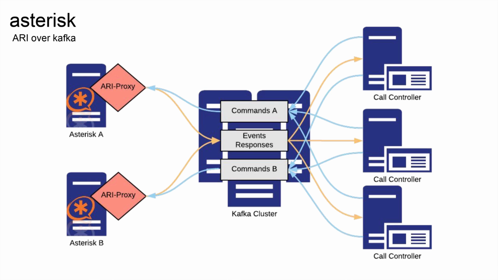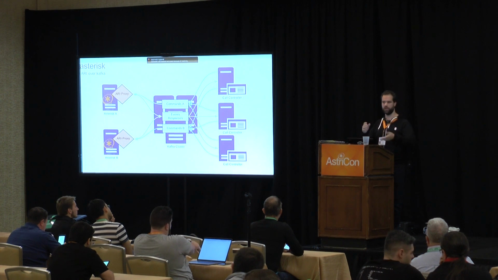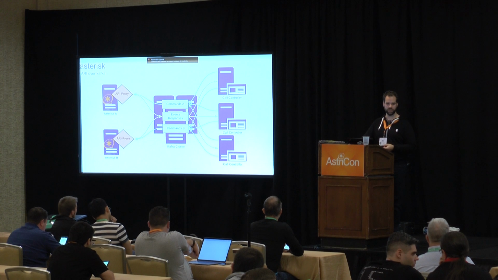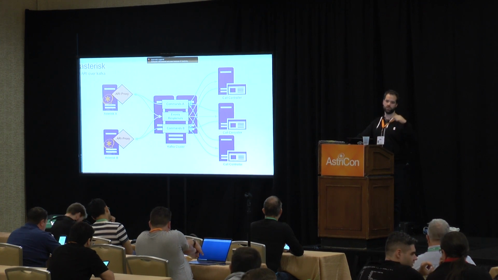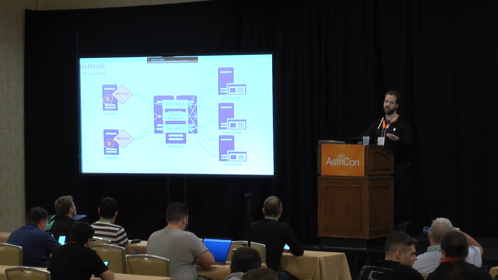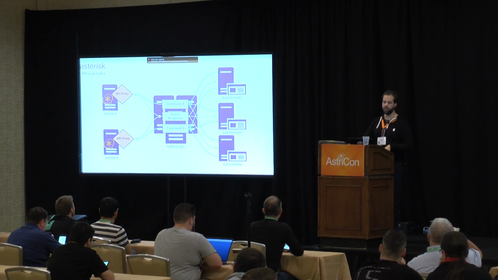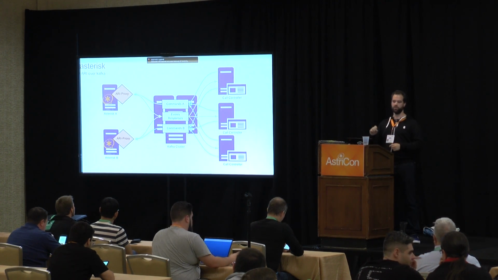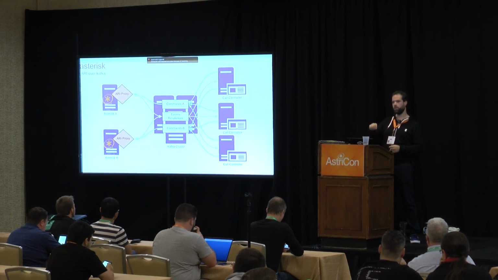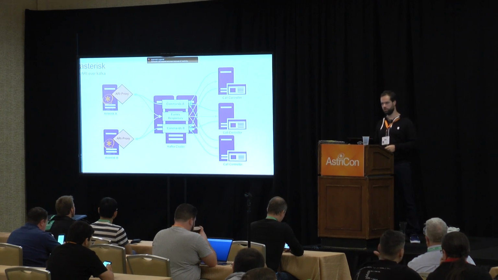You can address a message while putting it into Kafka to a certain consumer lag, and the consumer is sharded by Kafka itself. So it's not sure which call controller you hit, but you always hit the same one with the same routing key. Kafka routes all messages with the same routing key to the same call controller.